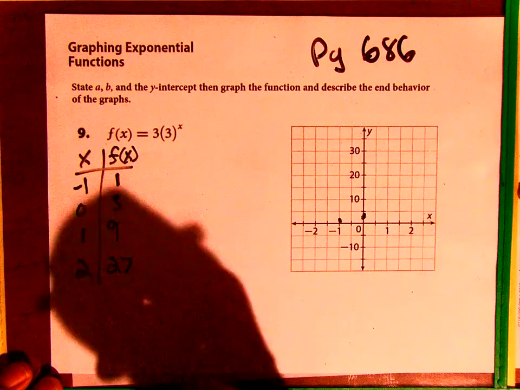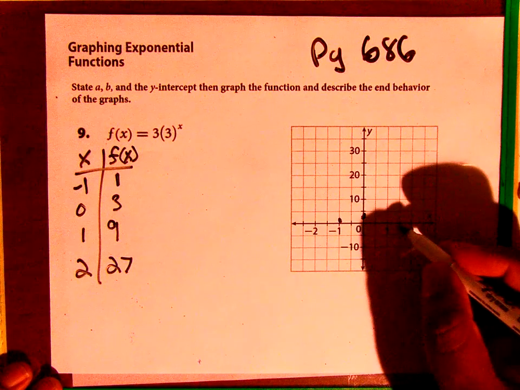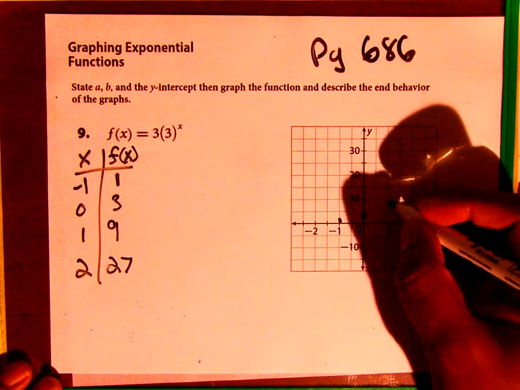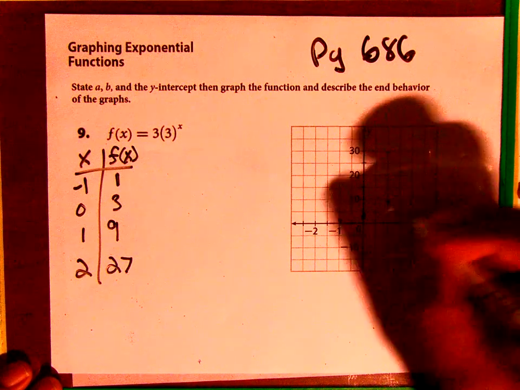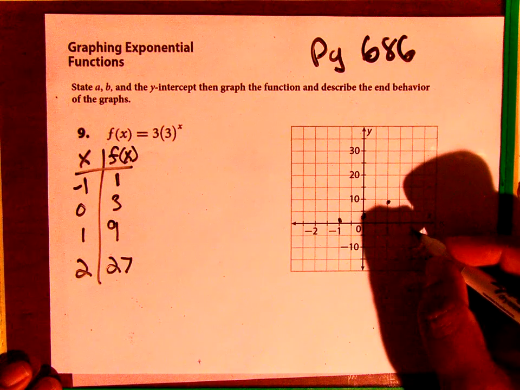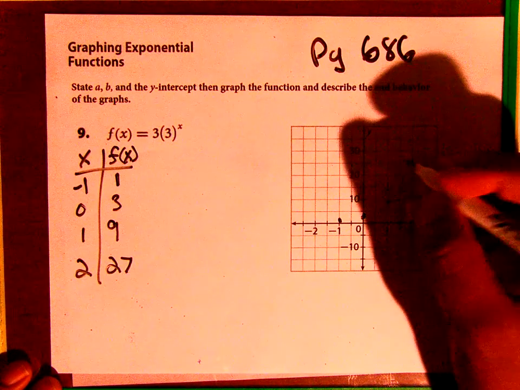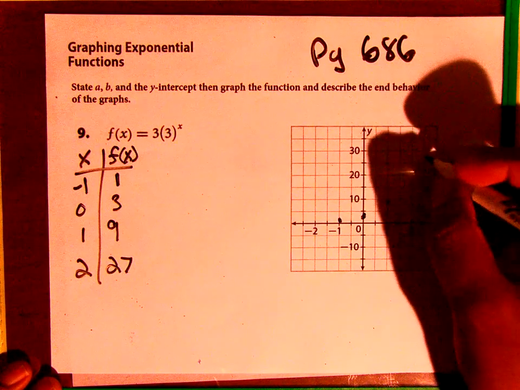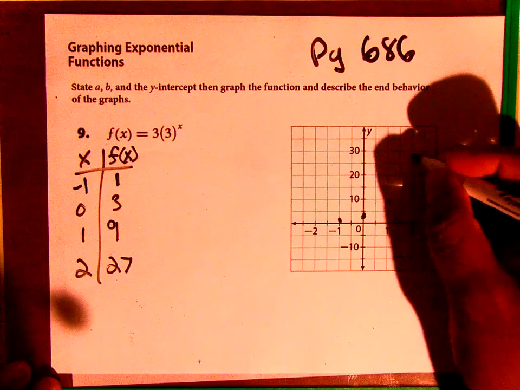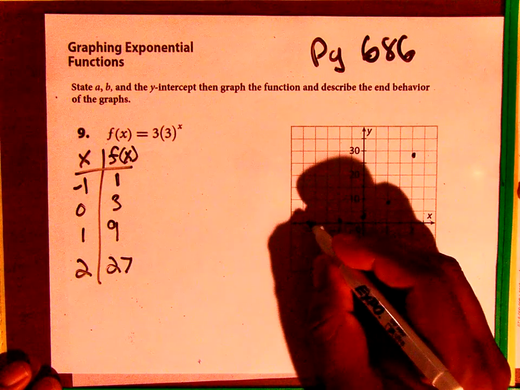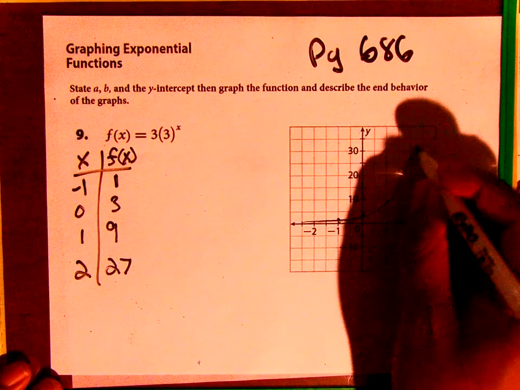At 1, I get 9, so that's almost a 10. And at 2, I get 27, which is way up here. 20, 25, 27, right in here. And then I go ahead and draw a line.